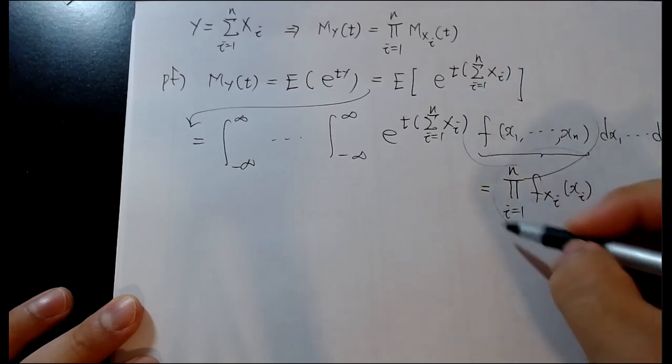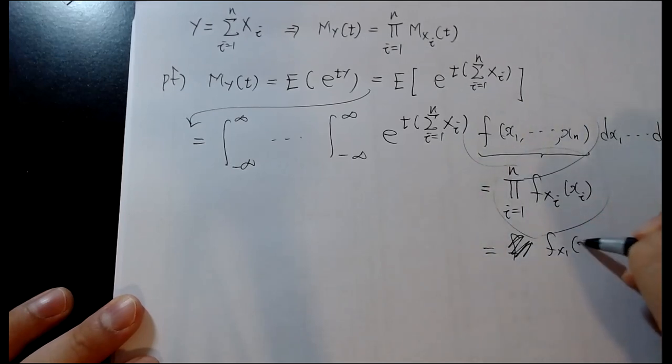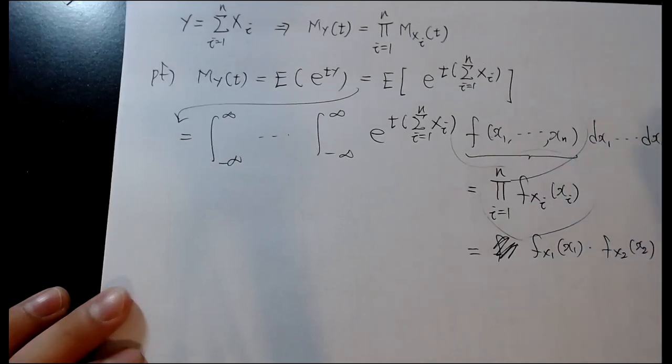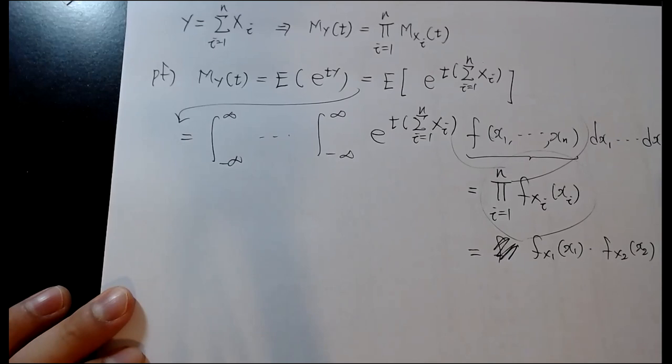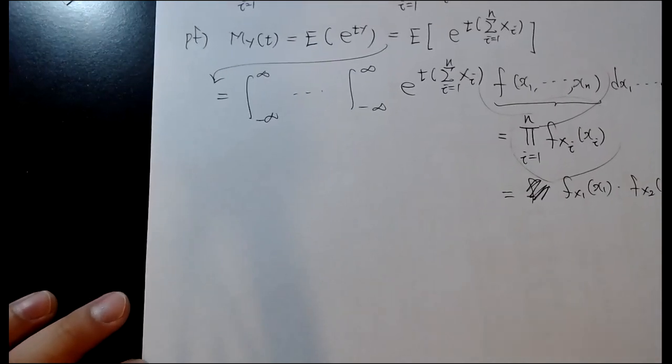So what that means is f_X1(x1) times f_X2(x2) through f_Xn(xn).